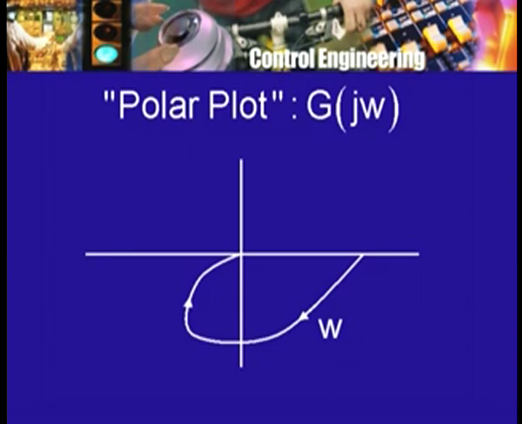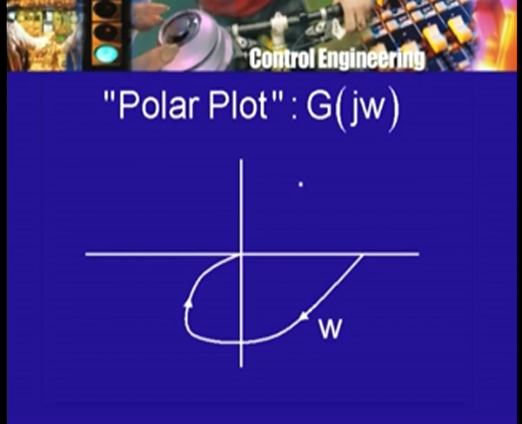I may have another polar plot which looks different for a different system, or if I change K, the polar plot will get scaled. So, think of every point in the complex plane as a potential example of G(jω). It could be the value of G(jω) for some frequency ω for some system G. So, every point in the complex plane is a candidate.